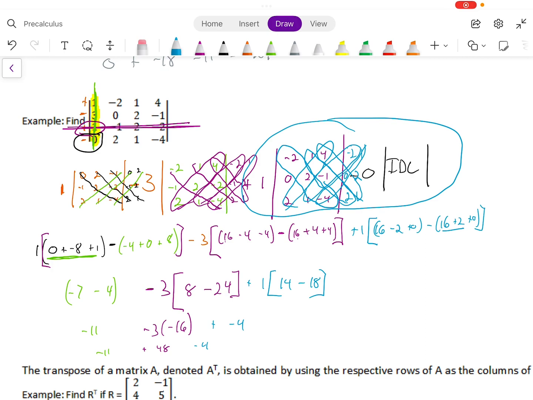Let's see, 48 minus 4 is 44, minus 11 is 33. So our determinant of that 4 by 4 matrix is 33. I know that's tedious, not too hard, but it does take a while.